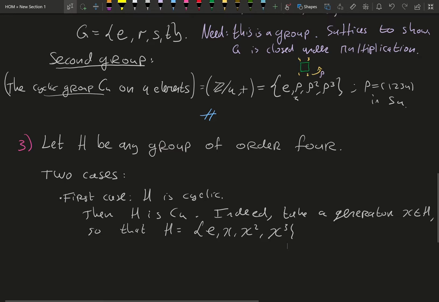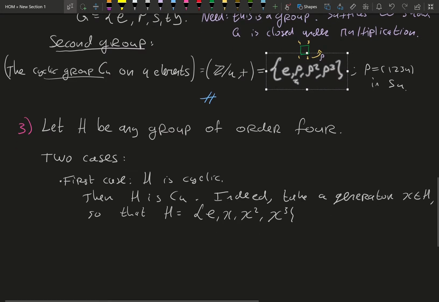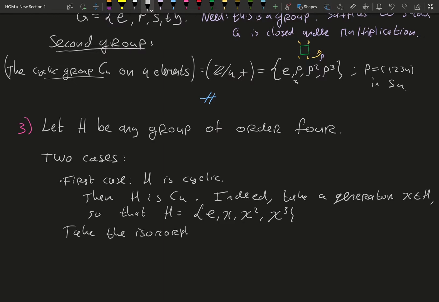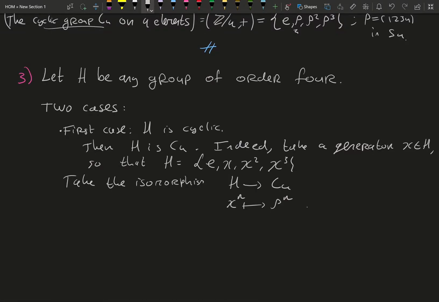And now if we compare this notation to this notation, it's pretty clear how we can get an isomorphism, namely then take the isomorphism from H to C4, which maps x to rho, and in general x to the n for any n, to rho to the n for any n. So that's my isomorphism. And if you don't see why this is an isomorphism, it's a good exercise to write down, and it shouldn't be too hard.